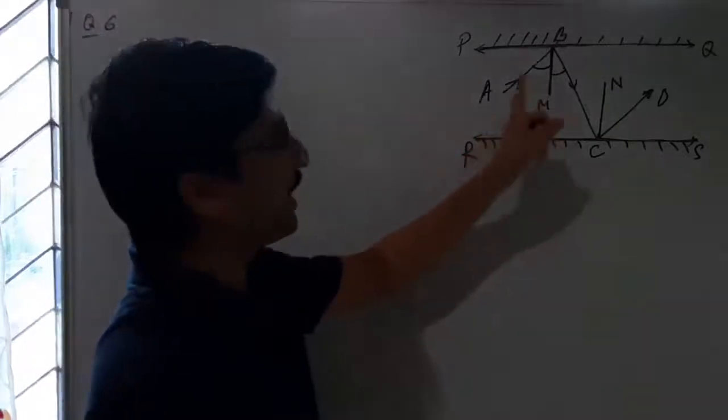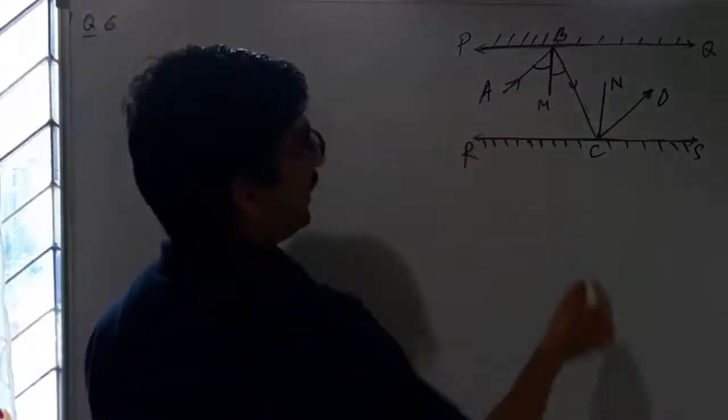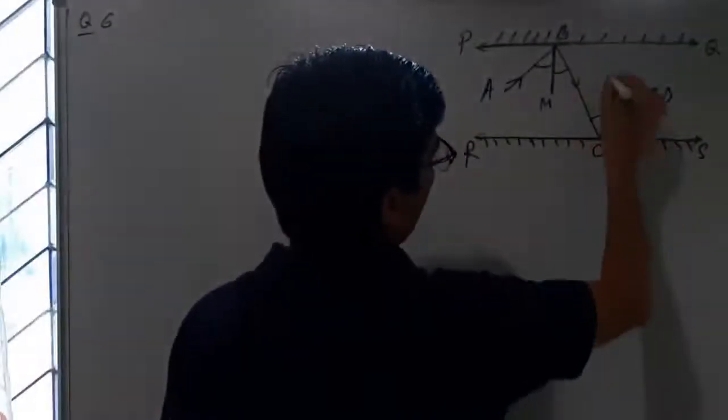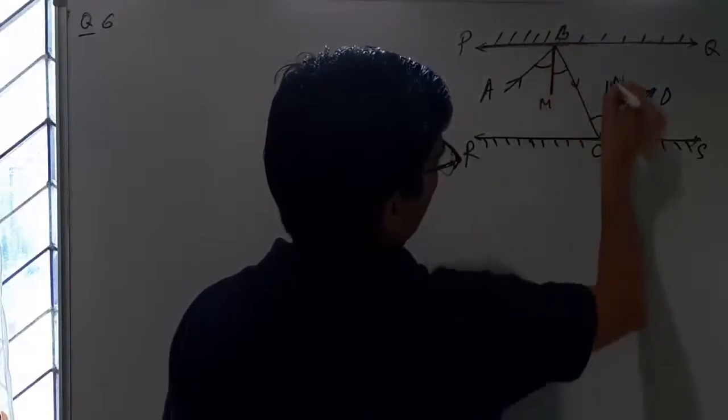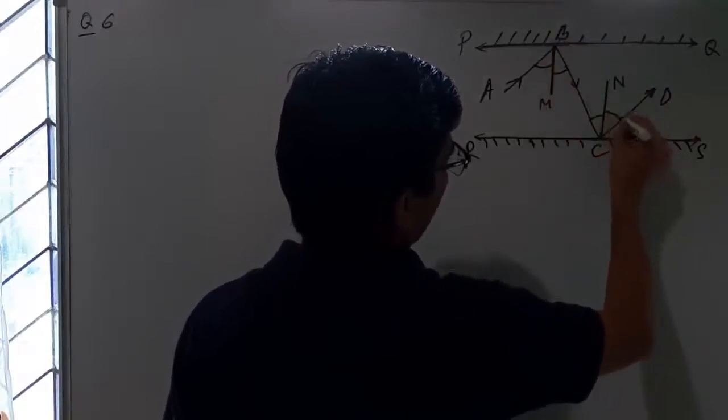These two angles are equal. Similarly, at C, this angle BCN is the angle of incidence, and NCD is the angle of reflection.